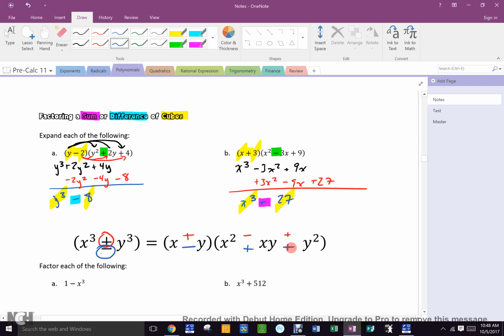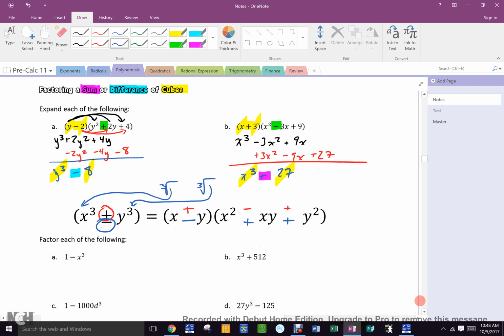Now please notice, this x is simply the cube root from here, and this y is the cube root from here. Everybody got it? And then these are common sense, aren't they? 3x, x and y, 3 and x. Y squared, 3 squared.